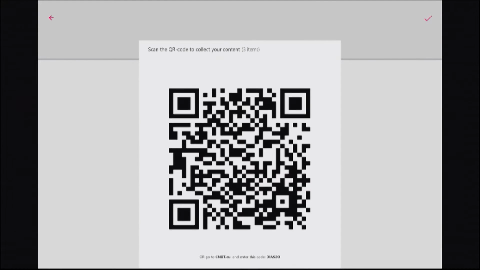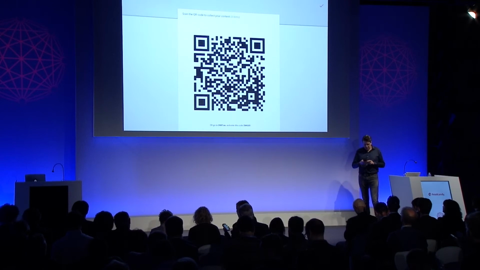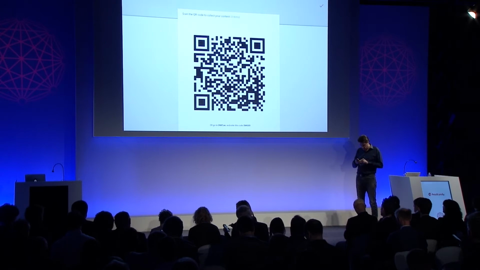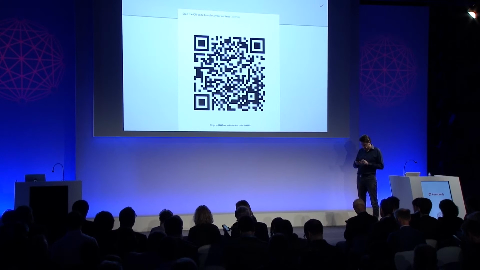And whenever you fill out that code, it will bring you to the content that I've just shared with you. And above all, it will also bring you to my contact details. So let me just do the exact same thing. So I'll fill out the code in this case. That's 20.